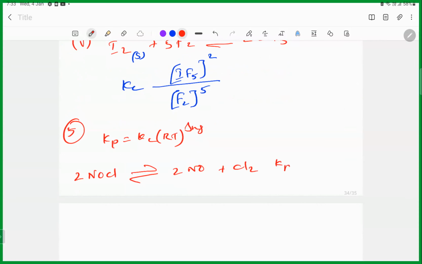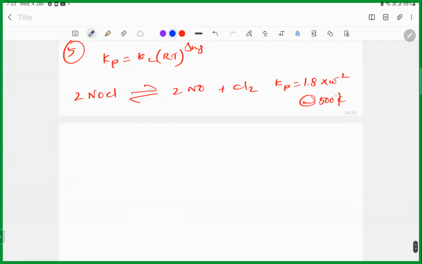The Kp value is 1.8 in 10 power minus 2 at 500 Kelvin. Delta Ng is product minus reactant, 2 plus 1 minus 2, so delta Ng becomes 1.